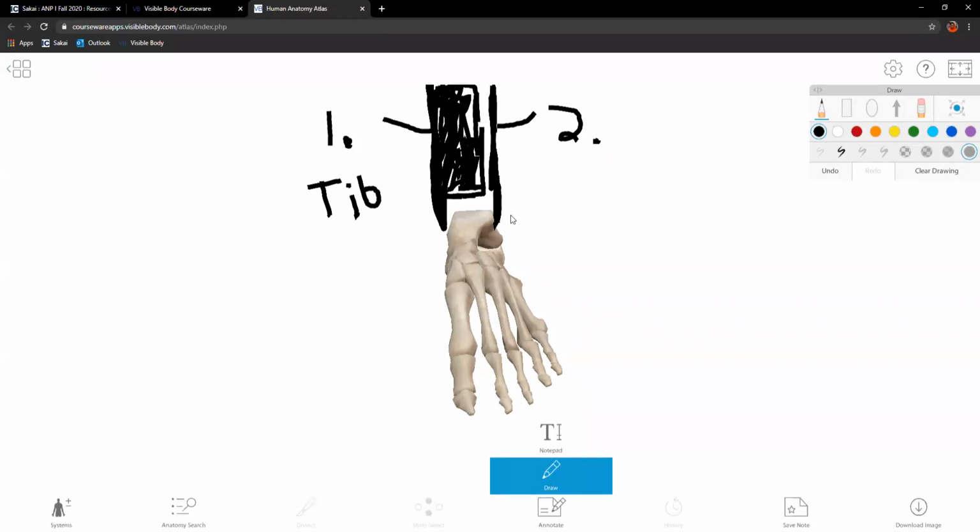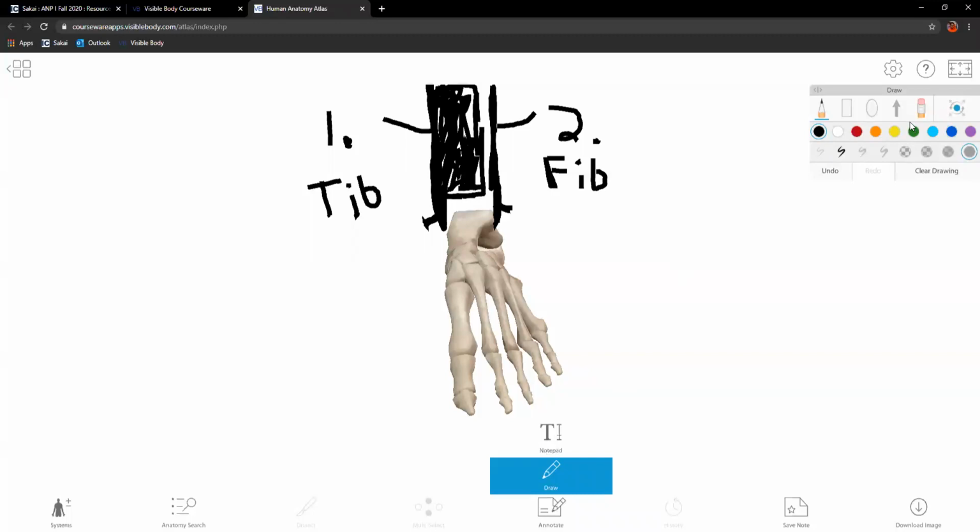And then on this side, if this was our medial malleolus over here, then this guy is going to be our lateral malleolus of our fibula. And so those are going to be the 2 bones that articulate with your talus to create that hinge joint at your ankle.